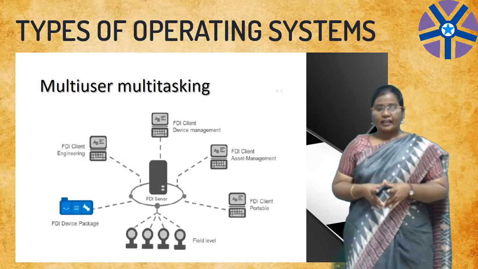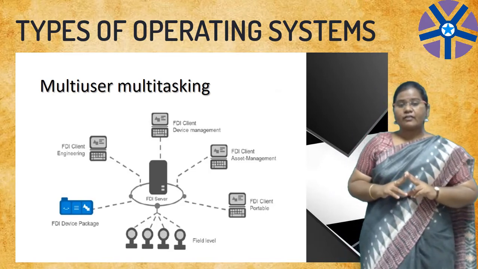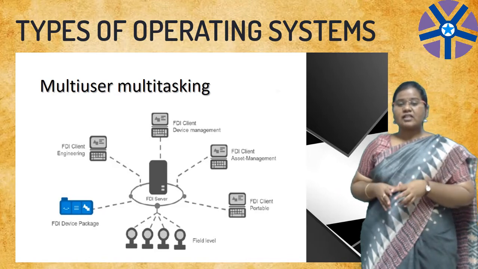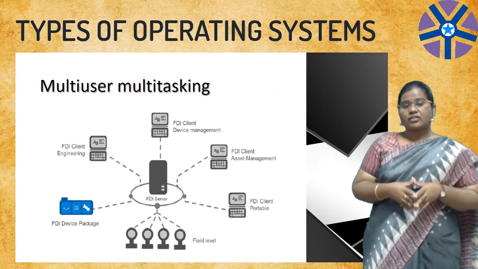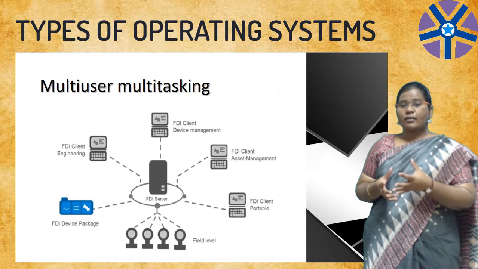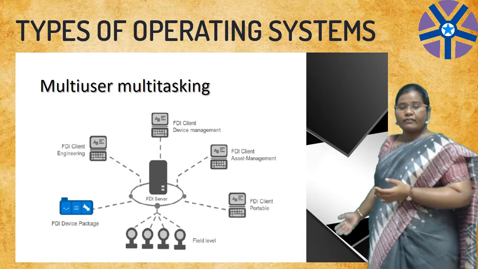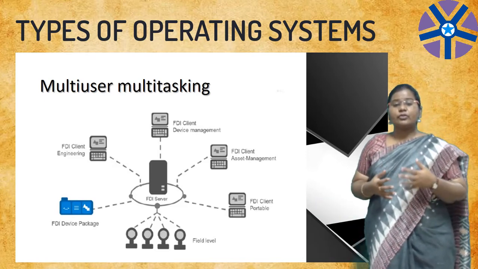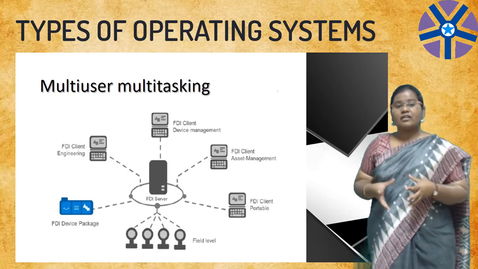If you observe the diagram here, the FDI server is the main computer which consists of all the FDI files, and there are different devices which are connecting to that server. One device is performing some engineering task. Some next device is going for device management, asset management, portable, field level, device package. So likewise, different clients or different users can connect to the server for performing different purposes.